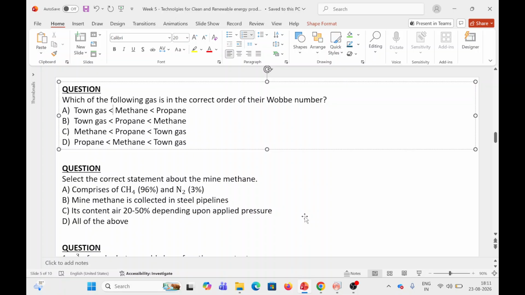Anyone? We just need to know the values of each. If you know that, then the answer is right in front of you. So I think it is better for me to give the values.